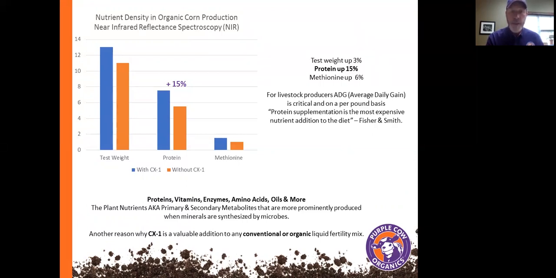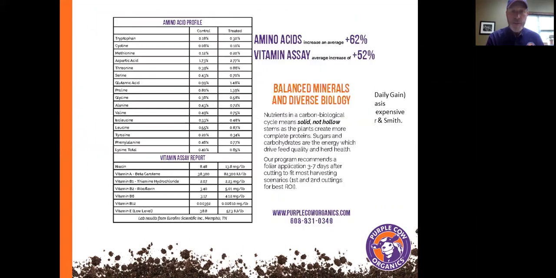And I personally am really excited to see that we're able to really move these things in a very positive direction, with a sound fertility program, really good cultural practices, and supporting that systems approach with high quality carbon sources and high quality biological sources.